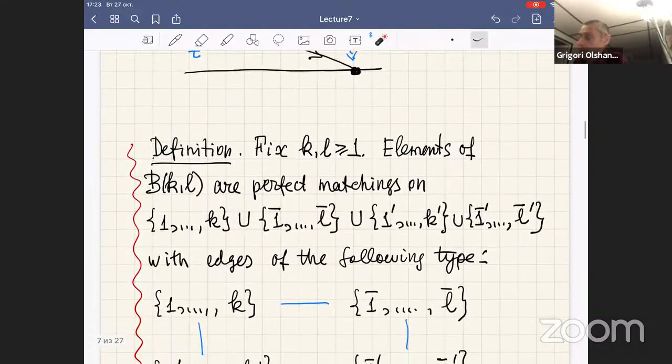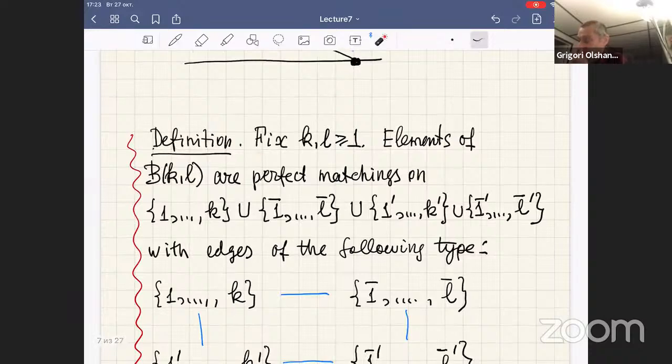Now the definition of the walled Brauer semigroup. Formally, its elements are represented by perfect matchings, so by pictures like this one, on sets where we take one set and another set whose elements are denoted by these natural numbers with bar.